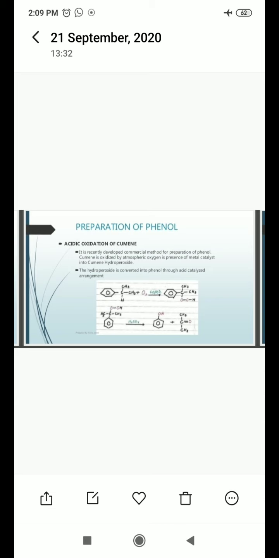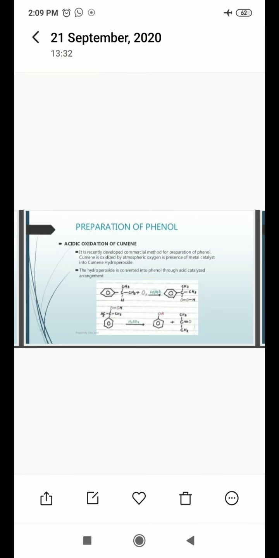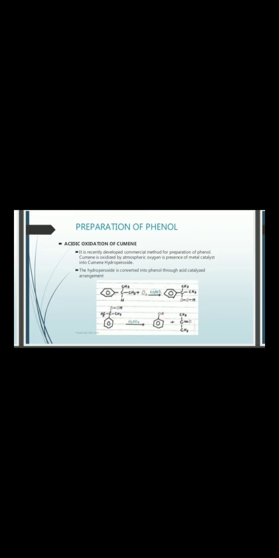Cumene is oxidized by atmospheric oxygen. Atmospheric oxygen means the oxygen present in air, which we all inhale. So cumene reacts with atmospheric oxygen in the presence of a metal catalyst and is converted into cumene hydroperoxide.